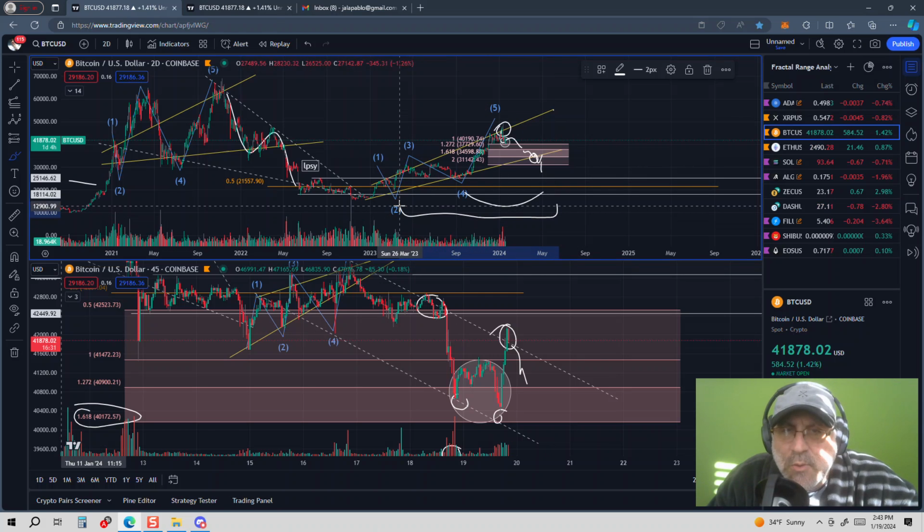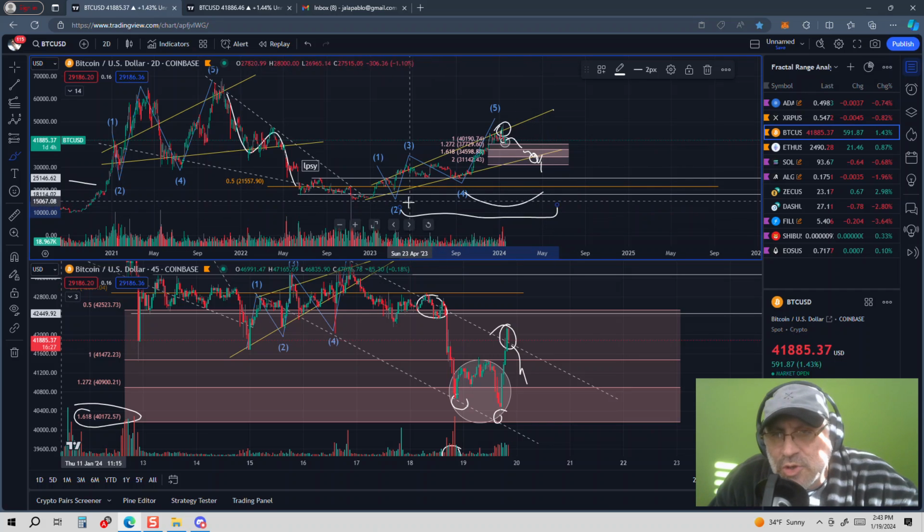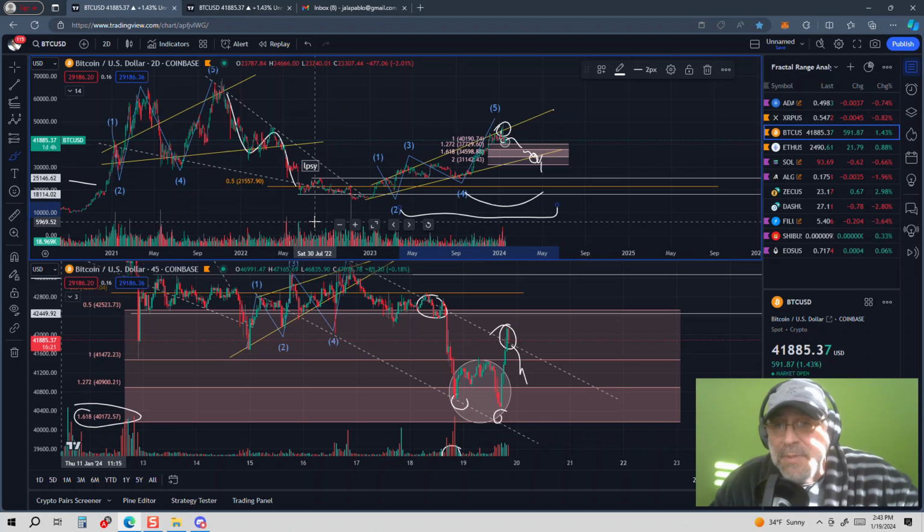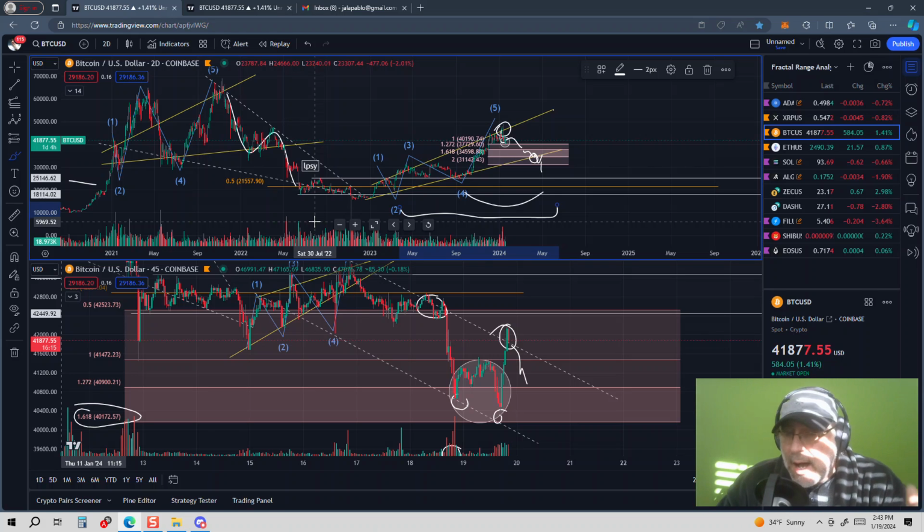The second one being Wyckoff distribution schematic number 2. And then if it goes all the way down to the terminal shakeout area, or the deepest spring area, where it goes back to mitigate to 15.5, then that would fall in line with Wyckoff distribution schematic number 1. So I'm watching this. I hope you are too.